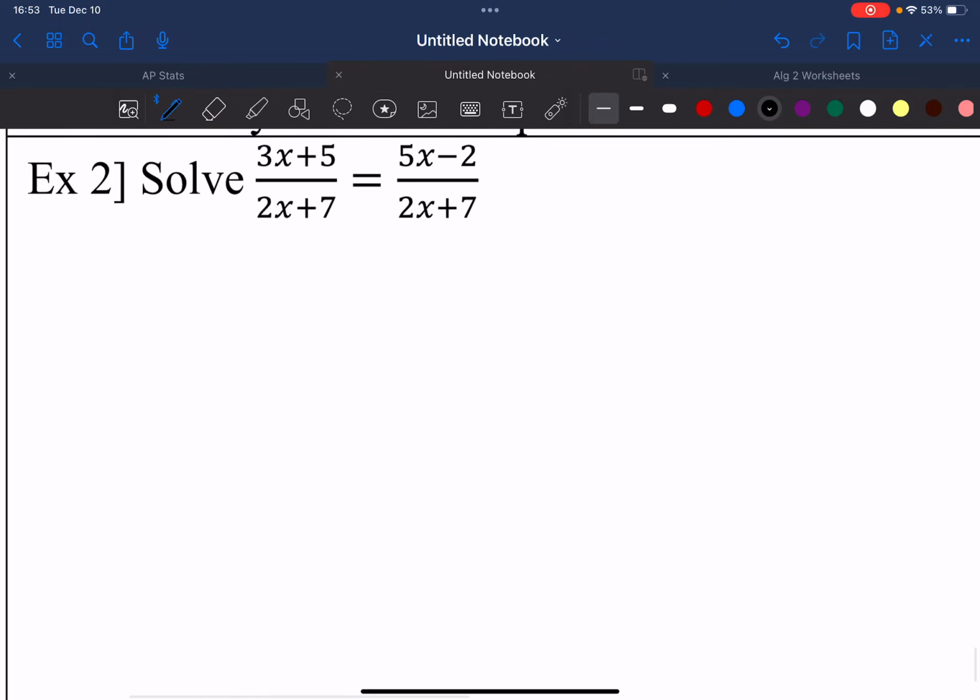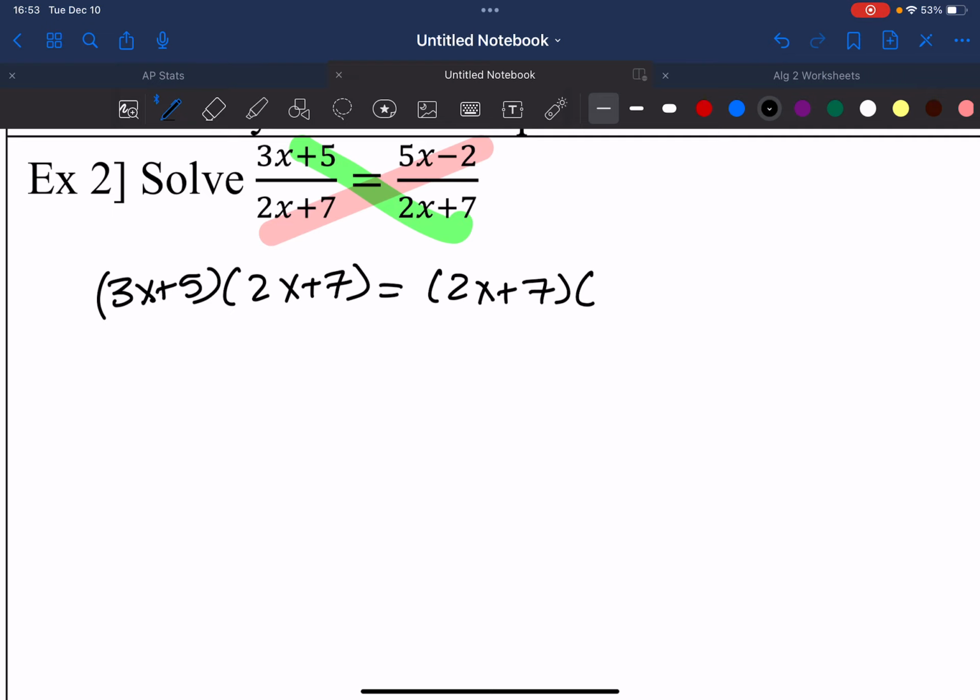Here on number 2, we already have a fraction equal to another fraction, so I can go straight into cross multiplying. So I have 3x plus 5 times 2x plus 7 is equal to 2x plus 7 times 5x minus 2. Well, if I have the same things on the opposite sides, I can cancel them out.